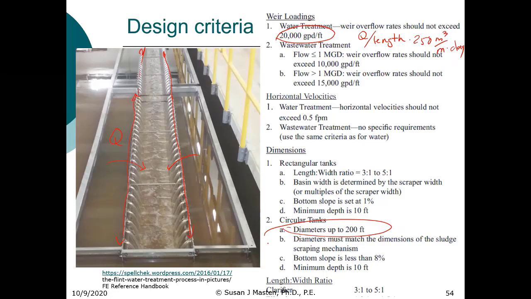So one reason has to do with just the size of your basin, the size of the walkway, because you need a walkway out to the center. But it also has to do with the fact that many of these are outside, and you can get wind-induced currents. And at about 200 feet, those wind-induced currents can become quite significant.